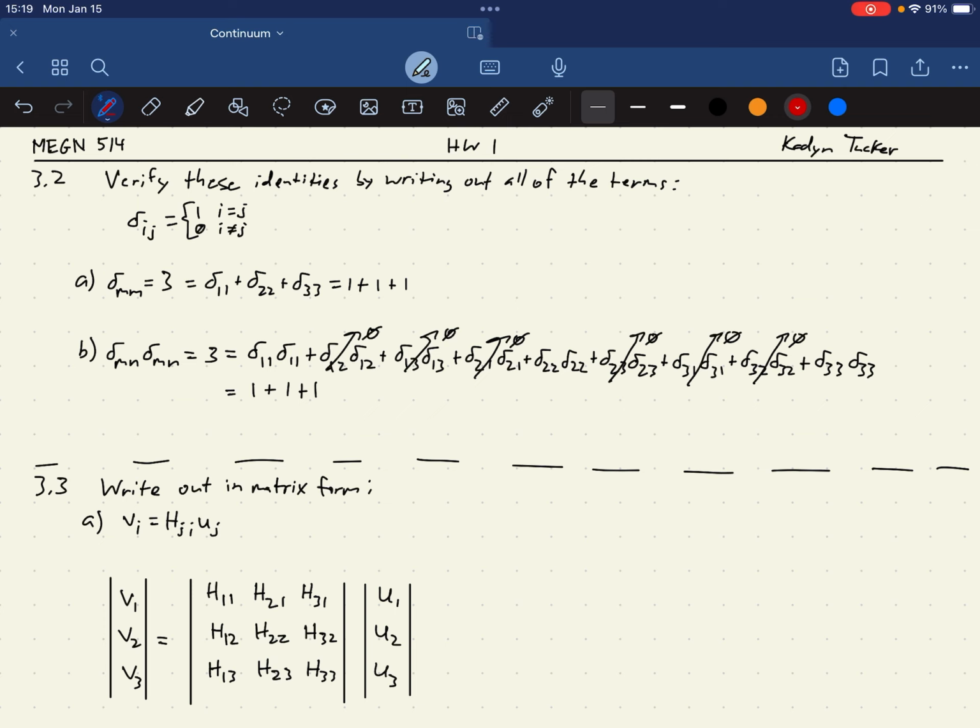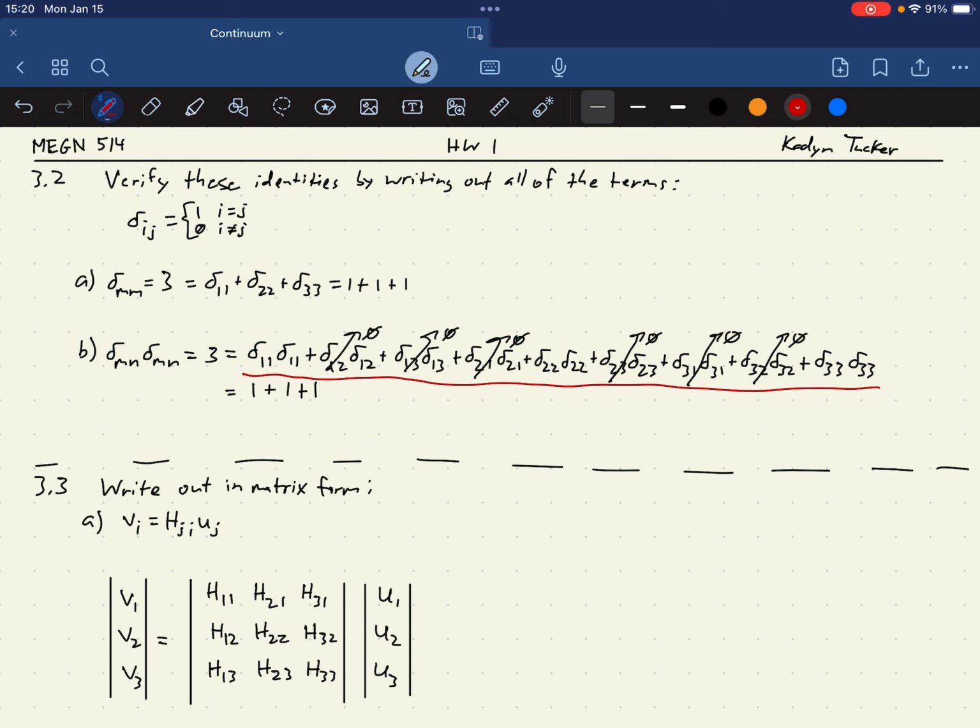Part B has two Kronecker deltas with subscripts m and n. So again, just assuming we're going with indices 1 through 3, we write out all the individual terms. Here, I'm not going to say it all out loud, it's a very long equation, but essentially we find out that 6 out of the 9 terms equal 0 because the indices are not the same number.